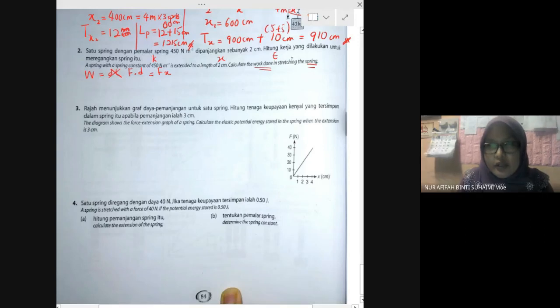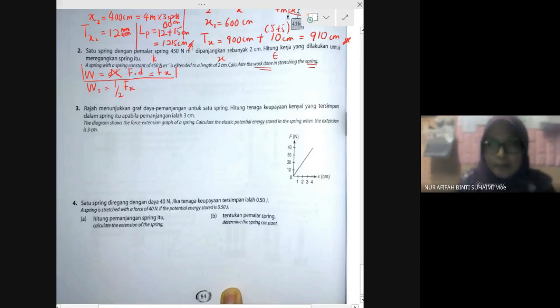So tukar dekat sini, work done for spring is half Fx. Kalau Fx sahaja untuk motion. Yang ni untuk motion. Work done. Daya, darab, jarak. FD ataupun Fx.